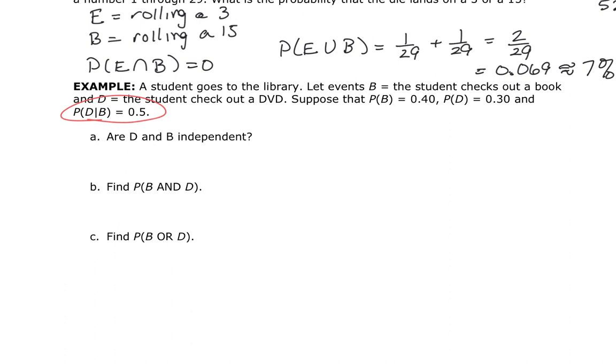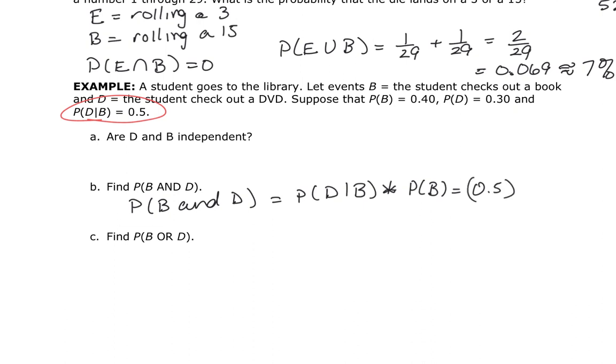So then what I want to find is the probability of B and D. Well, we know from up above, this is going to be the probability of D given B multiplied by the probability of B, which is going to be equal to 0.5 multiplied by 0.4, which gives me 0.2.